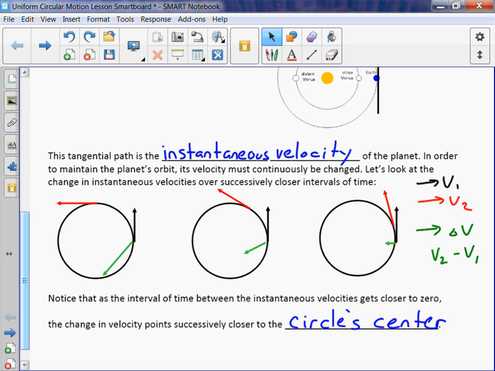The magnitude of the acceleration is going to become the magnitude of this vector divided by the change in time. Now this vector is going to get really, really small, but time is going to get really, really small as well, so it's going to work out to an actual constant value. Now, there's a lot of calculus behind this, but this proof avoids the calculus, which is why it's nice. Okay, it's over a small time frame.